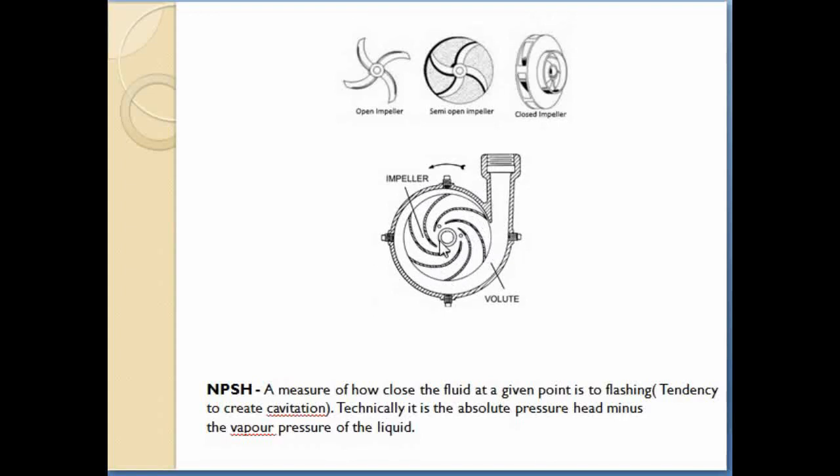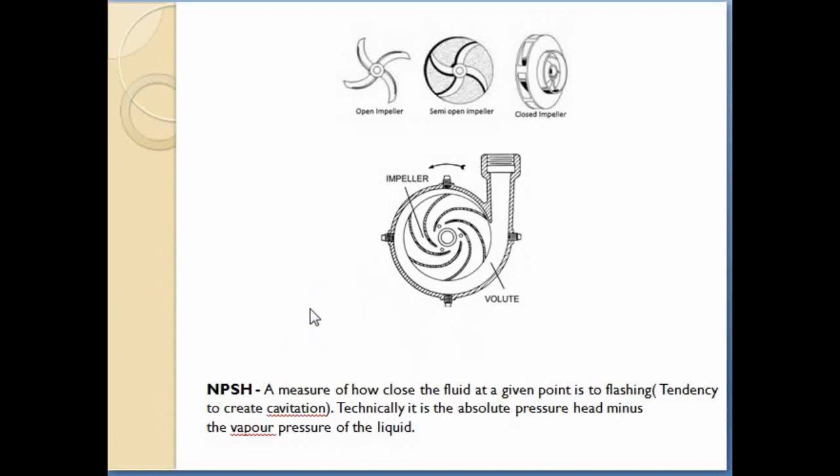Once the water gets forced out through these blades and it starts accumulating in this area here, initially the velocity of the fluid will be very high at this region. Once it starts coming here, the area of cross section increases. Thereby we can see the water pressure gets raised and the velocity comes down.